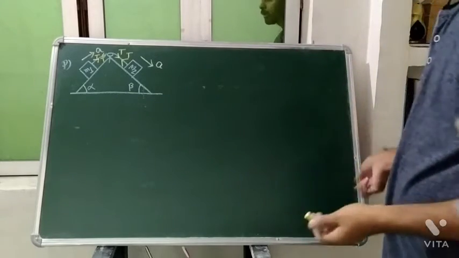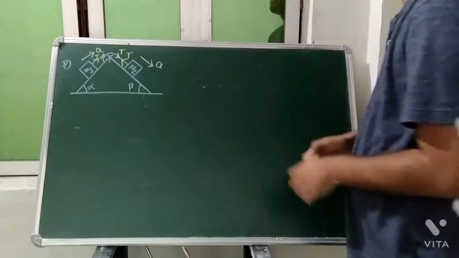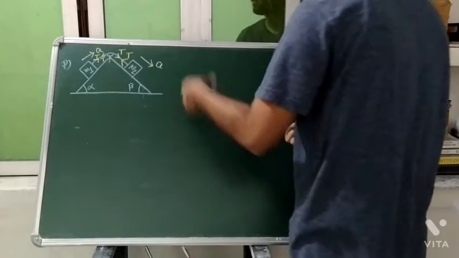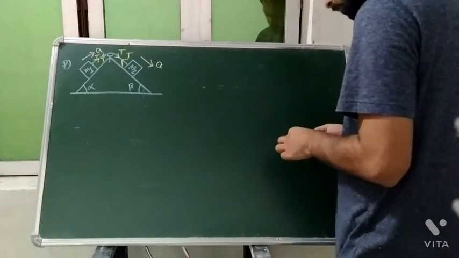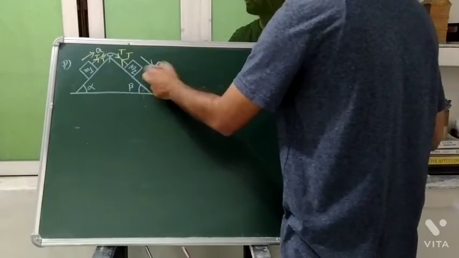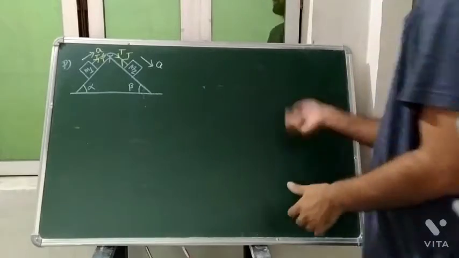So you will see that tension comes in a pair with opposite directions for a string, because of the change of object of interest. So for the object of interest mass M2, it is in this direction. For the pulley, it will be in this direction. You will remember this.